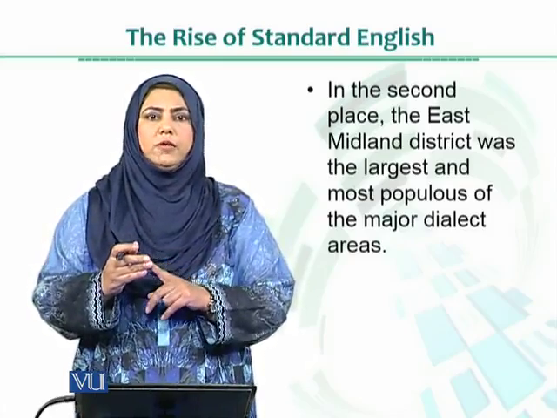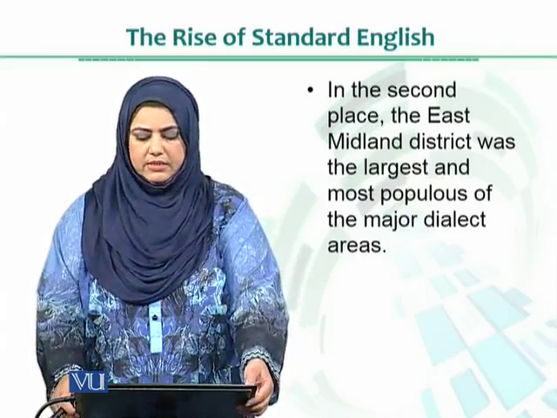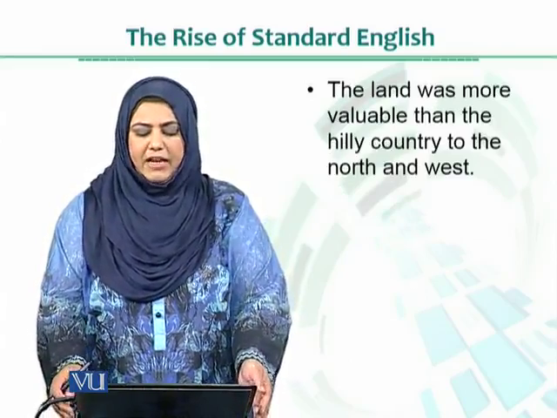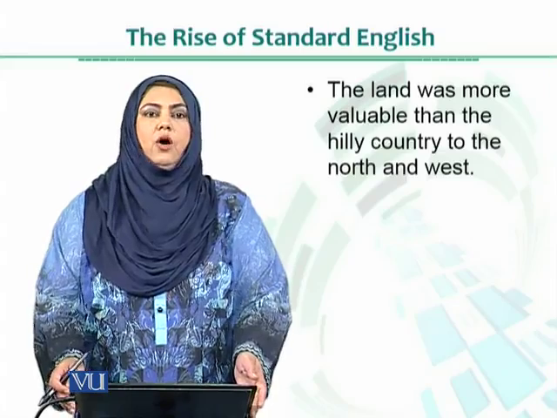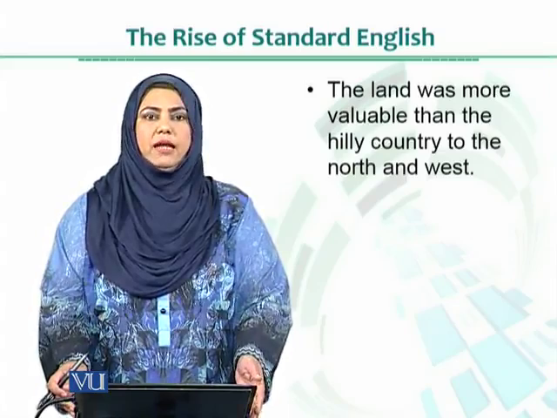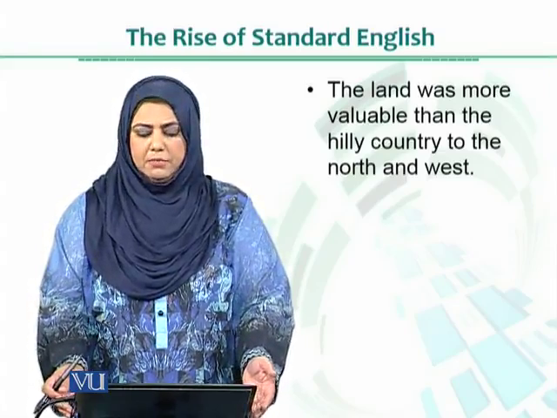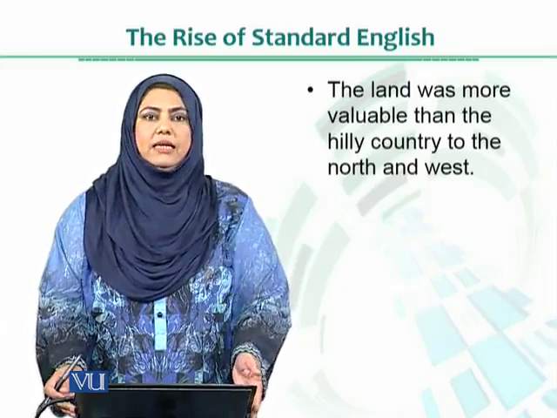Most of the population of England belonged to this particular district. The land was more valuable than the hilly country to the north and west. Not only was it big in size, but also the quality of the land was better. The geographical conditions were far better than north and west. It was not a hilly land.